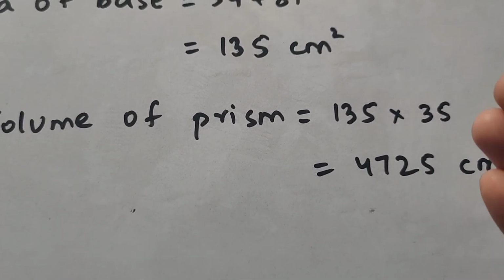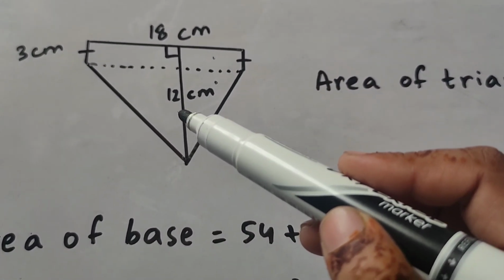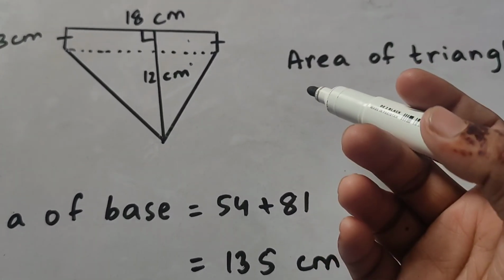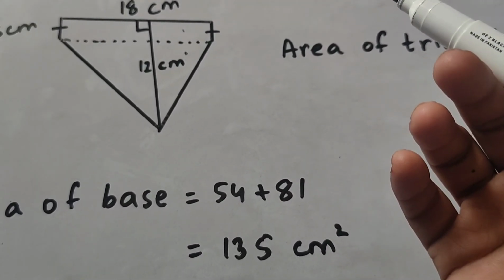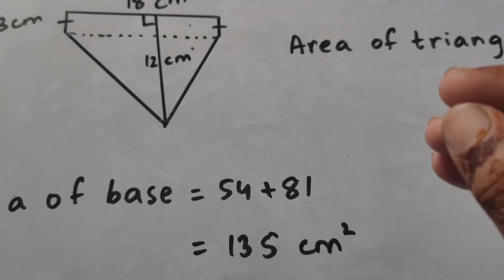Sometimes the figure will be split into a rectangle and a triangle that we have done in two of these sums over here. Sometimes you would have a trapezium, so you'll have to find out the area of the trapezium. So you just need to figure out what figure you have been provided with in order to find out the area of the base.